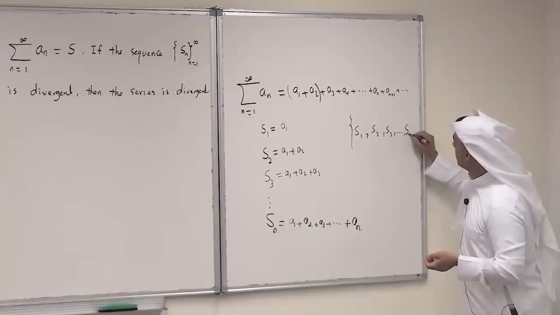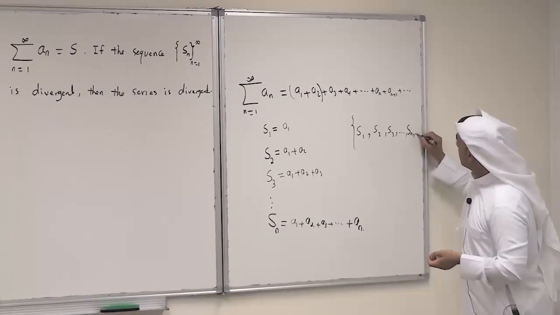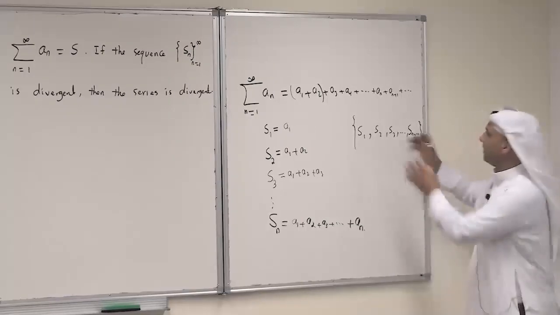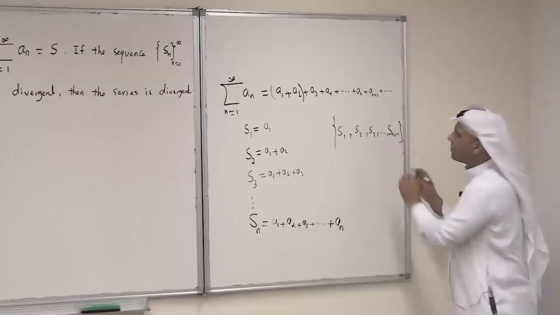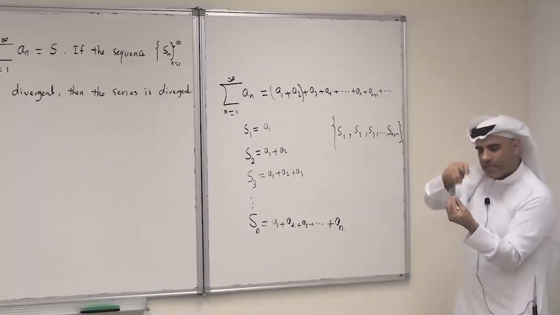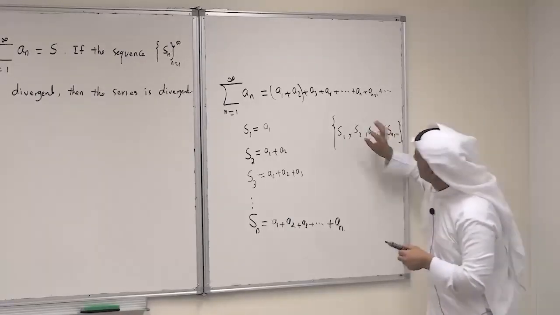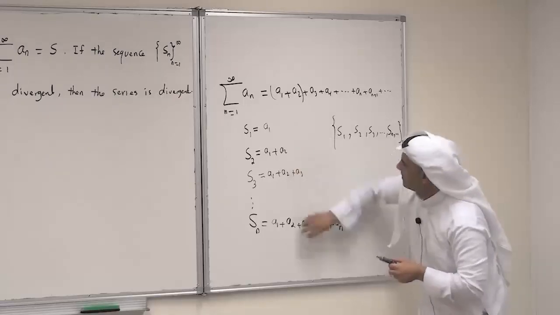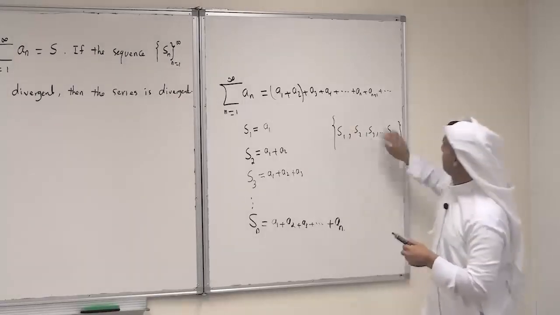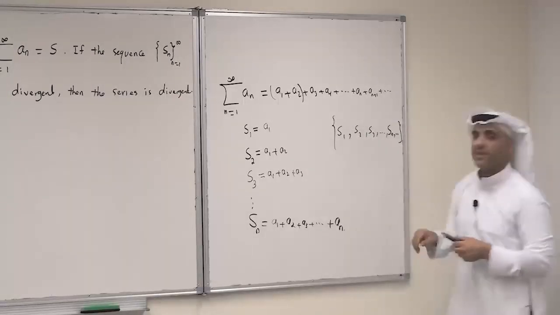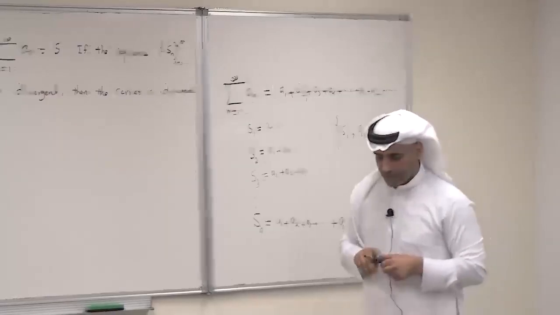Again, we throw it in the sequence. We will construct now a sequence of numbers. This sequence is called the sequence of partial sums. Why? Because its elements are just the partial sums. We are getting partial sums here, I throw them in the sequence, so we call it the sequence of partial sums.